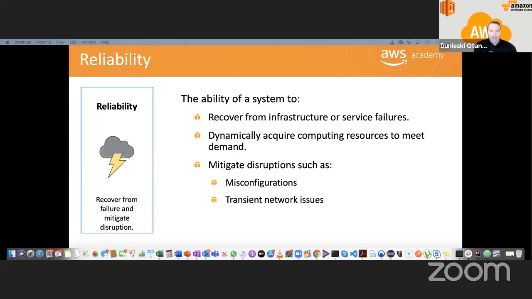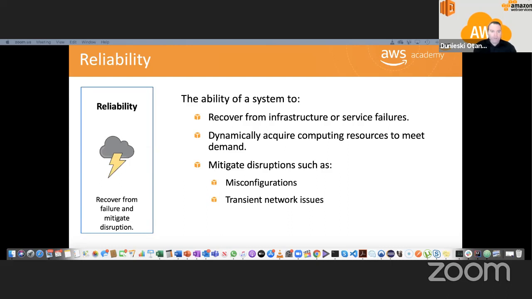Okay, you can have disruptions, like, for example, misconfigurations. This morning we spoke about a service that is AWS Config. There's a change in configuration, something is not compliant with your architecture, and you can mitigate that, right? So you have some services that will tell you there's a problem with the configuration, and that you can mitigate. Or you may have temporary network issues, like, for example, your VPC is having some issues, or there's some problem with the security groups.